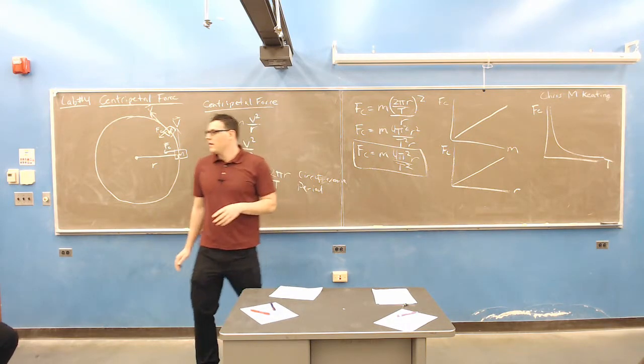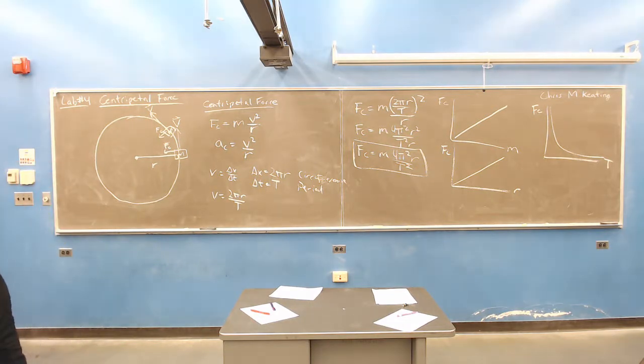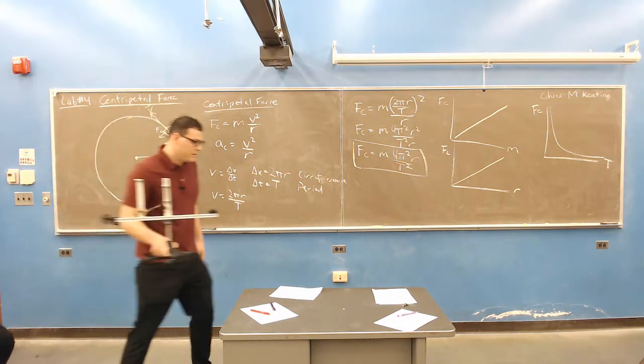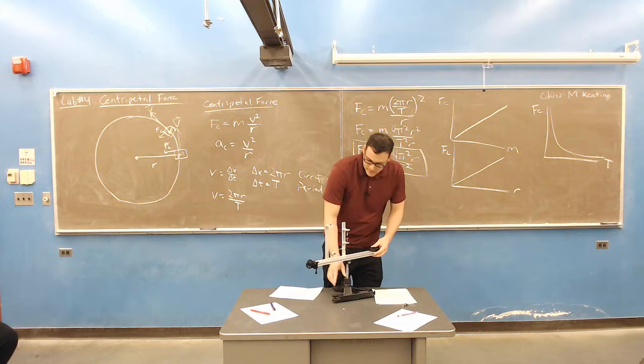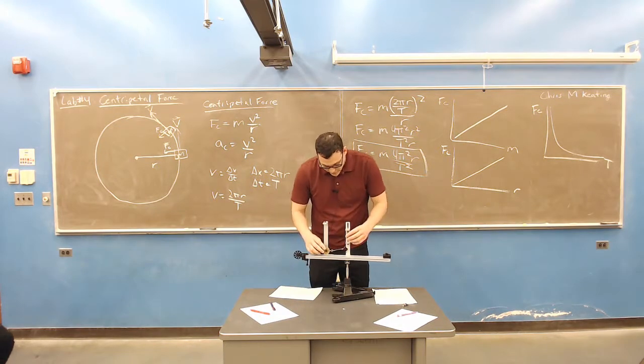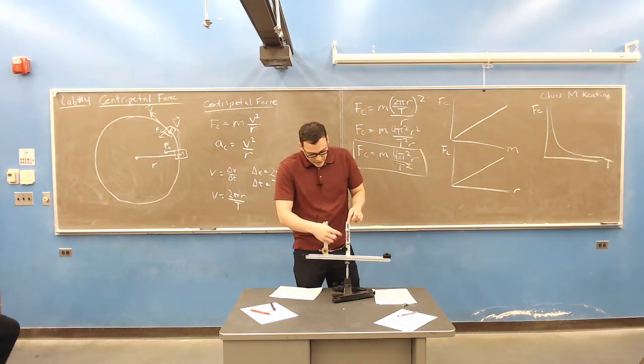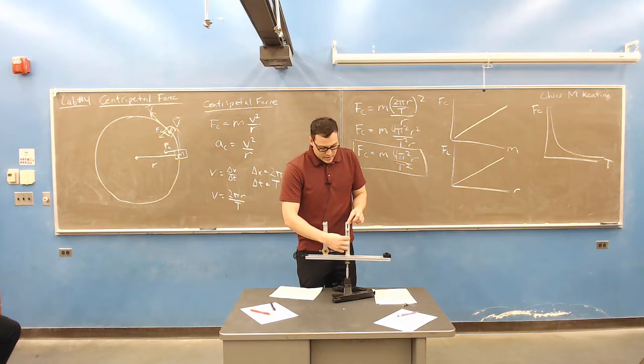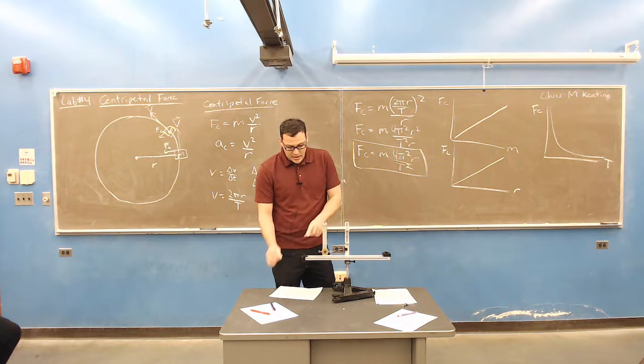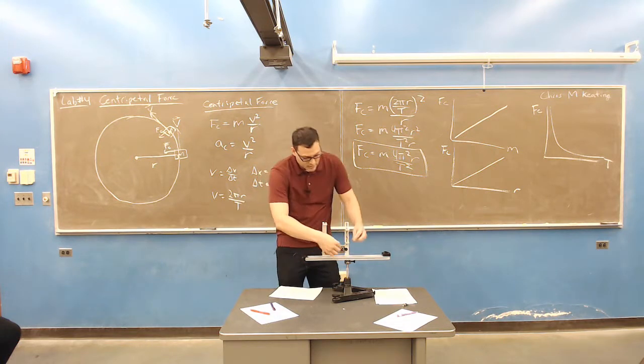All right, so you have the apparatus here where you guys are going to do this experiment. It's kind of wonky, but it works pretty well. So over here we have a spring, and you're going to calibrate the spring by hanging a weight off the end of here.